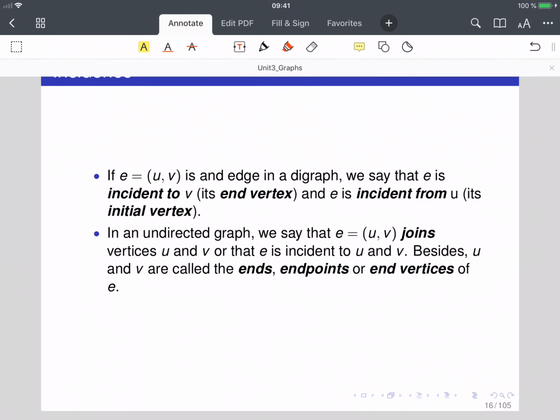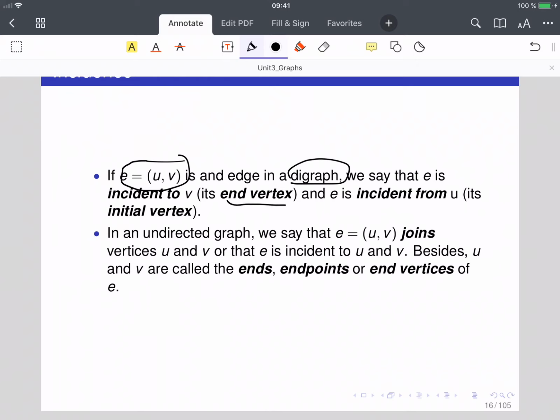So for instance, if the edge is UV, it is incident in both U and in V. If also the graph is directed, we say that it is incident to V, because it arrives at V, it goes to V, and we also say that V is its end vertex, and it is incident from U, because it starts in U, it goes from U to V. So U is the initial vertex.